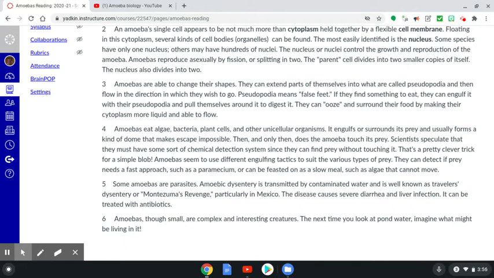Amoebas eat bacteria, algae, plant cells, and other unicellular organisms like protists. It surrounds the prey and forms kind of a dome that makes it impossible to escape. The enzymes inside the amoeba then start breaking down the food.